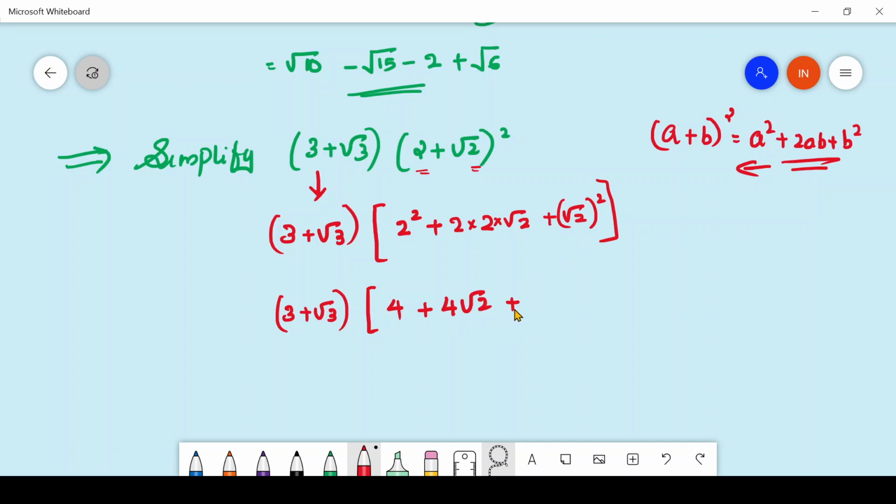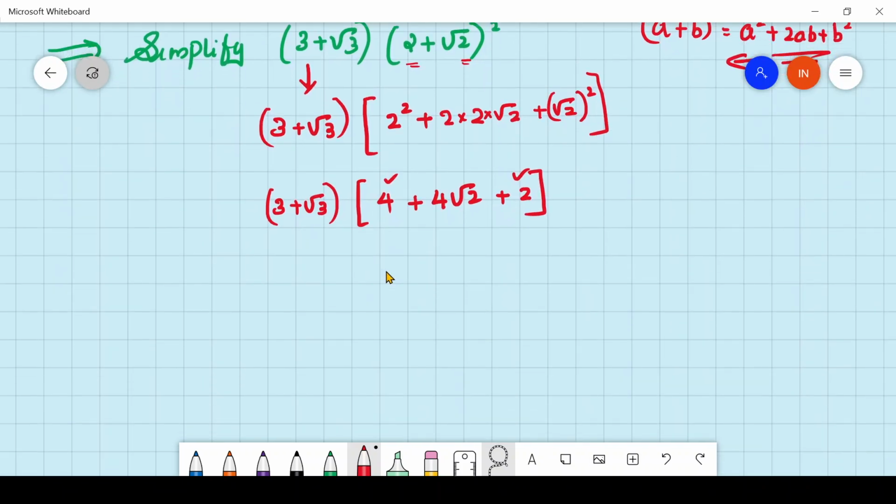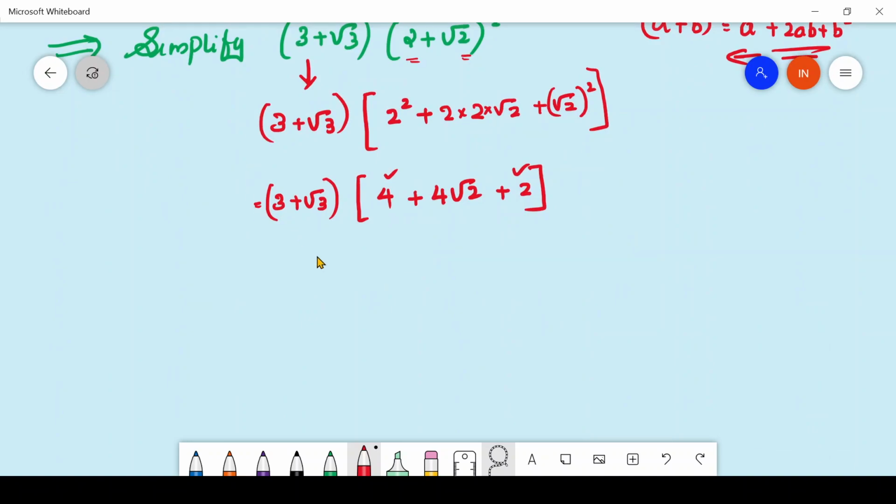Then here, root 2 the whole square is 2, right? So we can add these two. Now the next step, I'm going to write it like 3 plus root 3, plus 4 plus 2 is 6, 6 plus 4 root 2. Now what can we do?